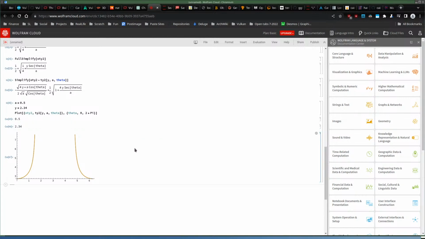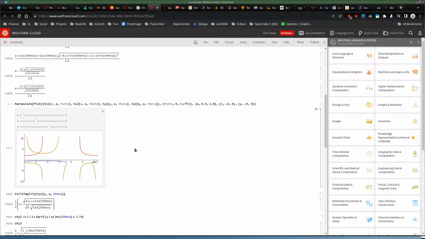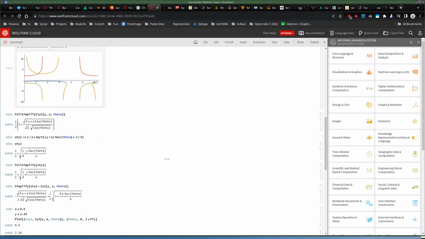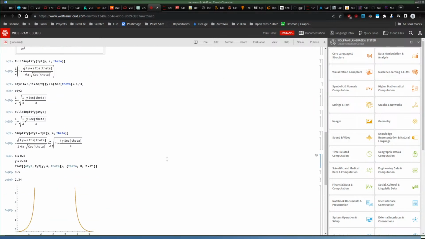I think I have the wrong one. So this would be the plus. You always have to do the minus one, and that is the minus in front of the root. So why not plot? Let me redefine these things.